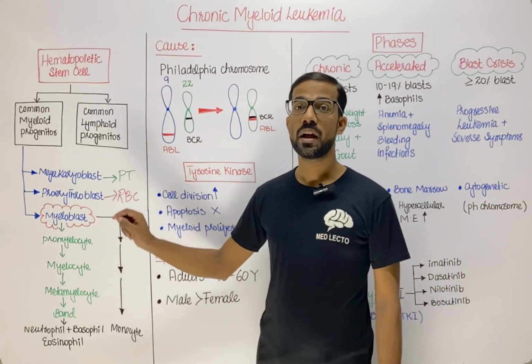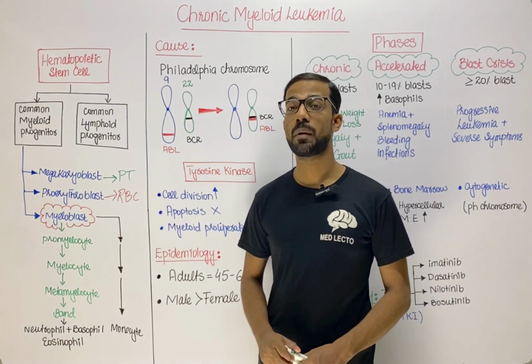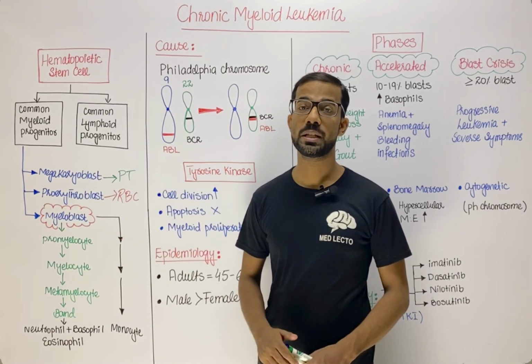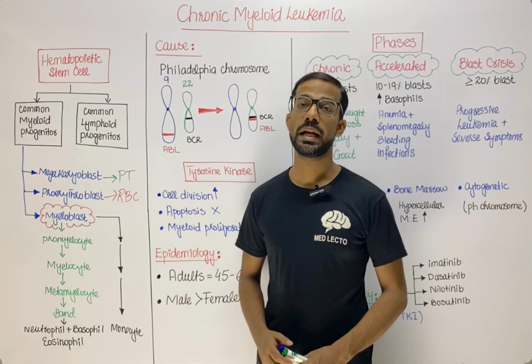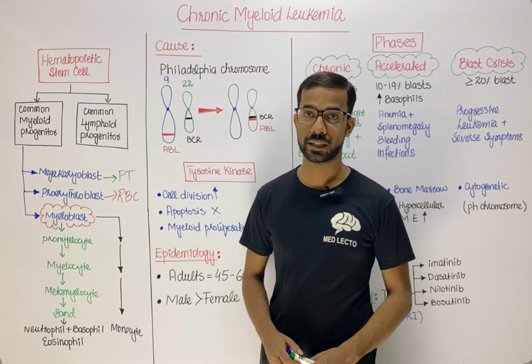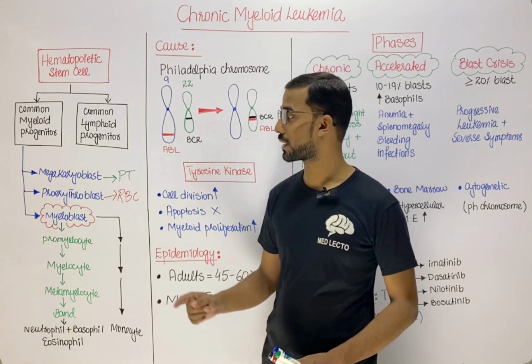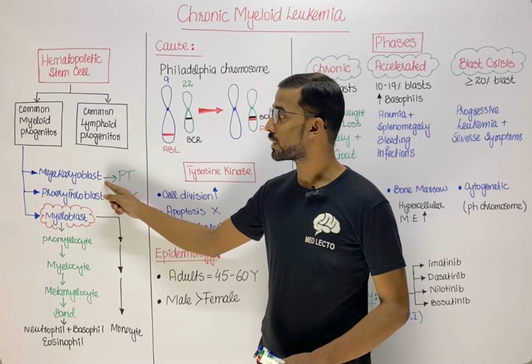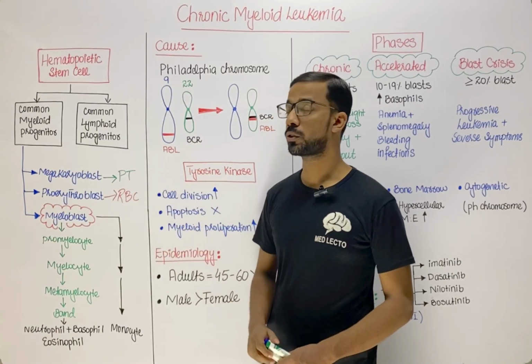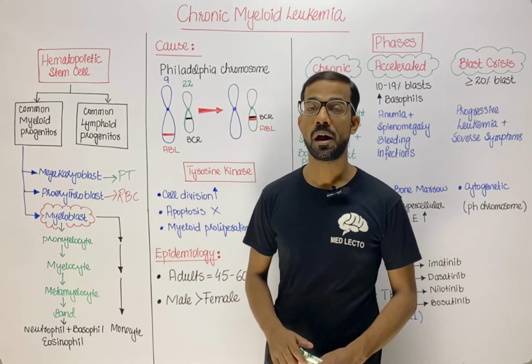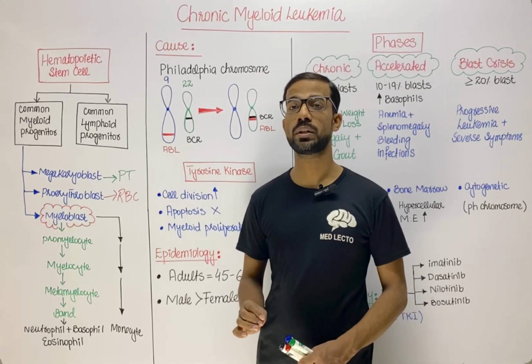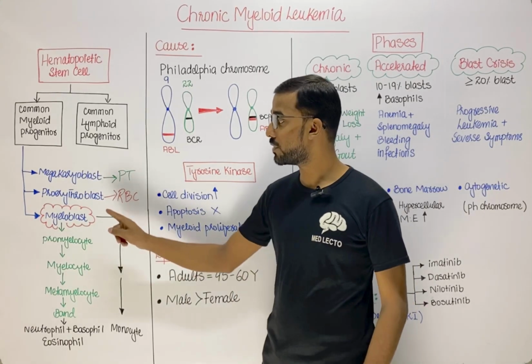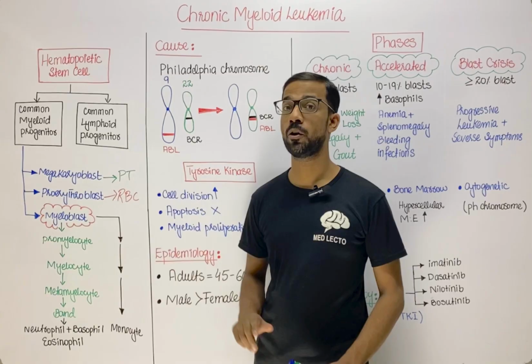You will see the proliferation of the myeloblast, and ultimately the myeloblast number in the bone marrow starts increasing, and it can also affect the megakaryoblast and the proerythroblast lineage. But the important thing: in acute myeloid leukemia, you will see an increase in the number of myeloblasts.